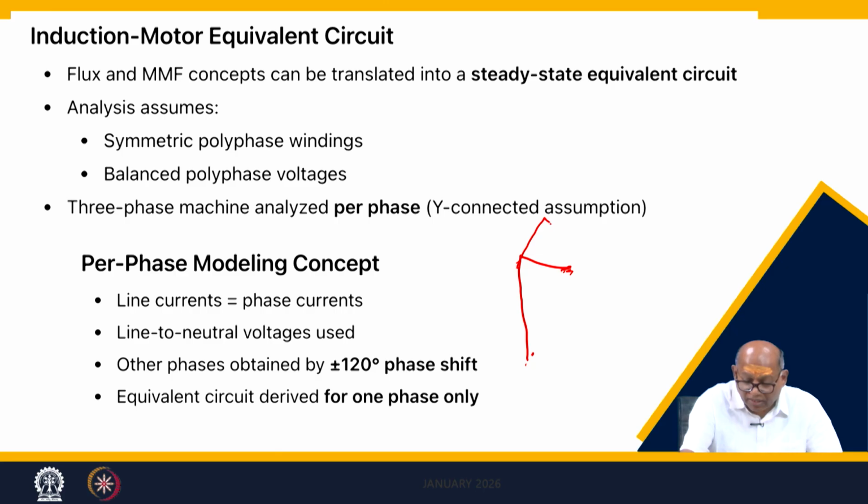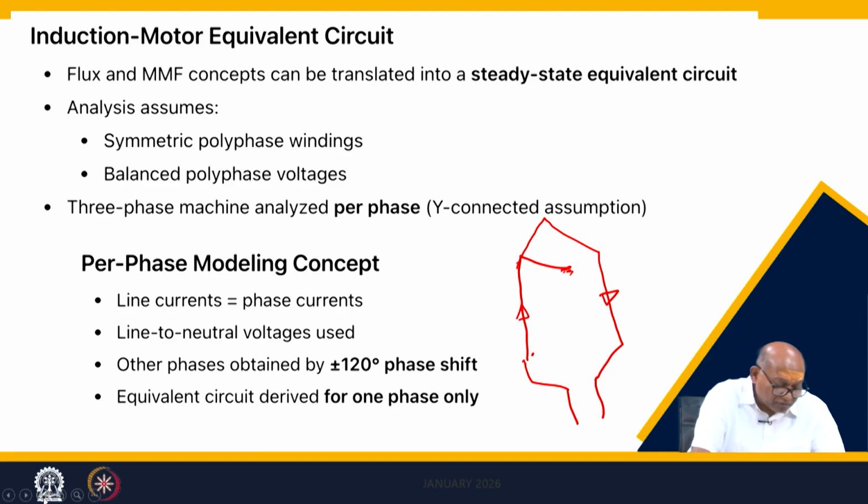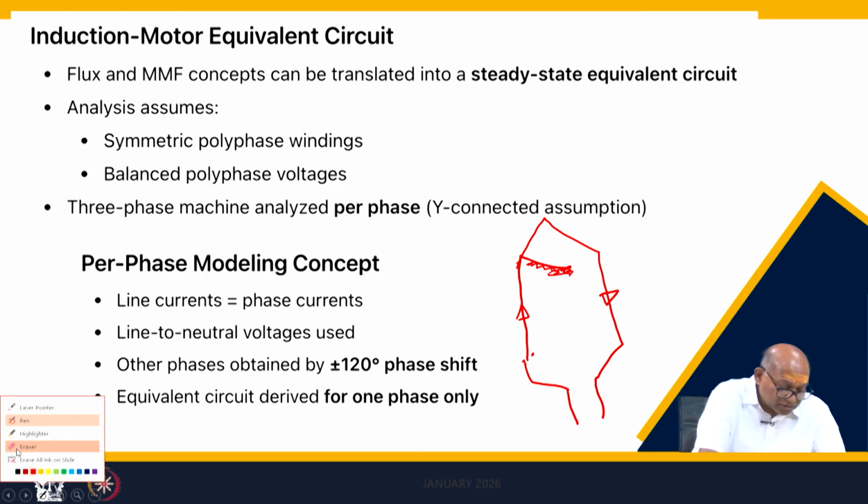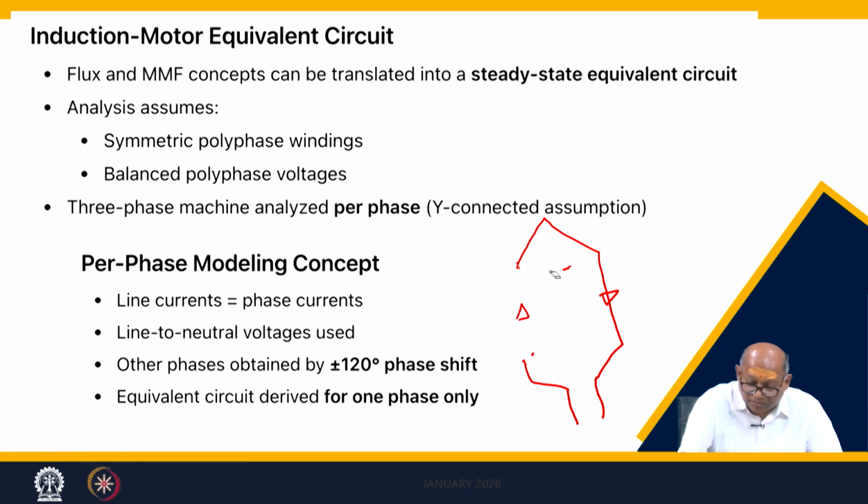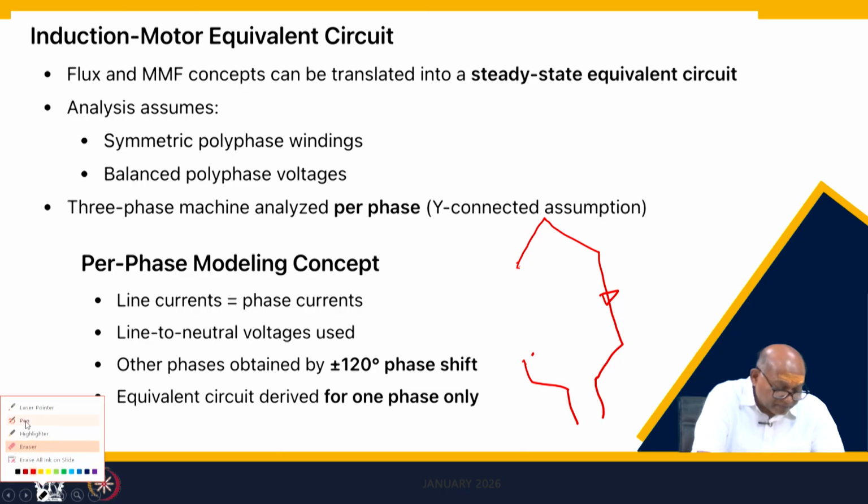If the coil is wound like this, this ignore, I am not going to erase it, I don't know how to erase. Okay. Now it is erasable. If you erase this, I will draw it again.